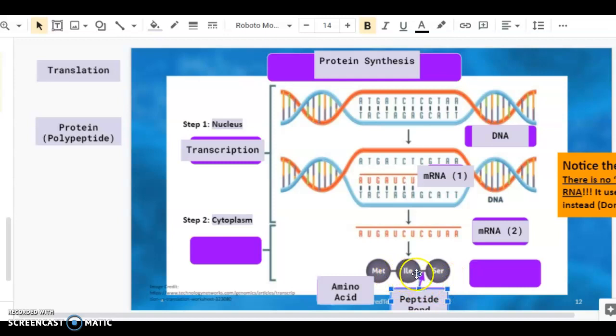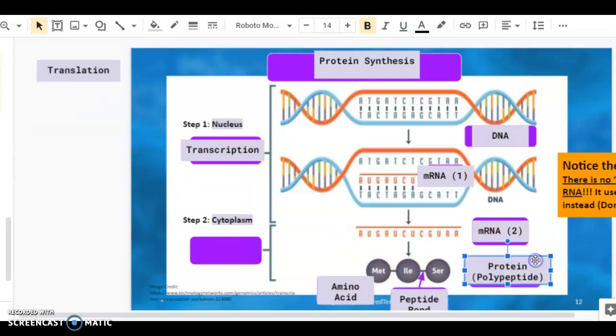And when they are all done and the chain of amino acids is complete, it will release and fold to form a protein, which is sometimes called a polypeptide because of the many peptide bonds. So it has taken the transcript and translated it into a protein. And that is why this second stage is called translation.